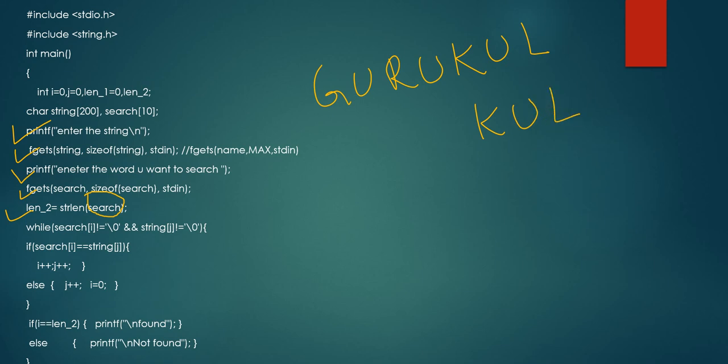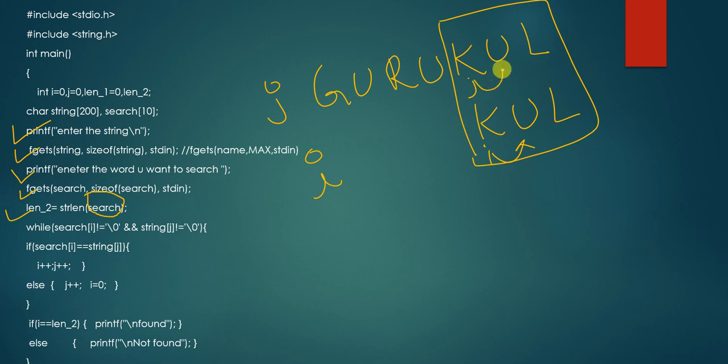See, for this I will take variable j, and for this I will take variable i. I want to increment j every time, and i also every time. So now let's take the matching case. If i and j match, then I need to move to the next character in both. So i plus plus and also j plus plus, right?